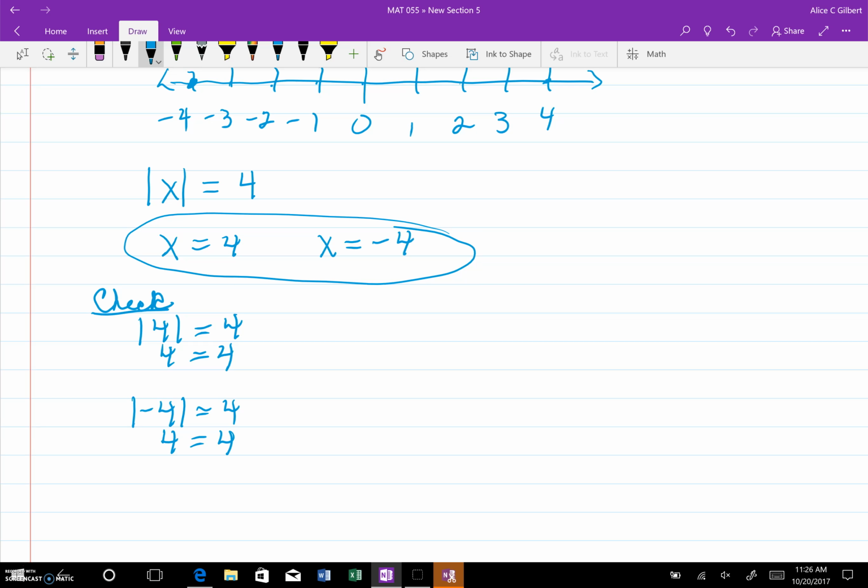Now, when we have an equal sign, we can only have 1 or 2 numbers. X equals either this thing or that thing, and that's it, nothing else. In this case, plus or minus 4.